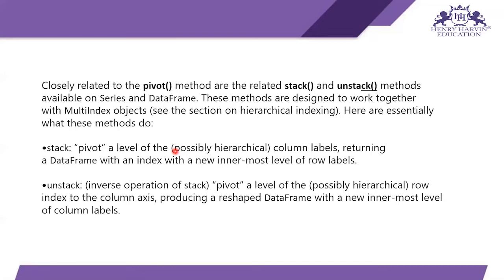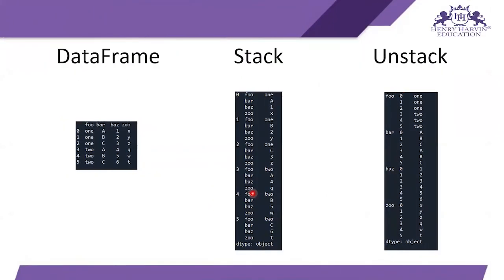In unstack, the inverse operation of stack, you pivot a level of the possibly hierarchical row index to the column axis. You take the first column and place it, then you take the whole second column and place it below the first column. That's how the unstack operation is performed.